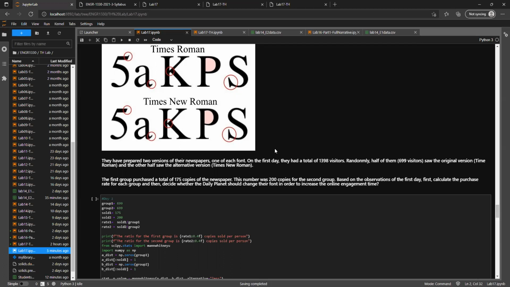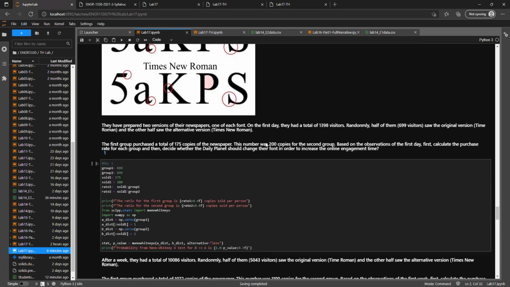The number was 175 for the first one and 200 for the second. Based on the observations of the first day, first, we need to calculate the purchase rate for each group and then decide whether the client should change their font in order to increase their sales.